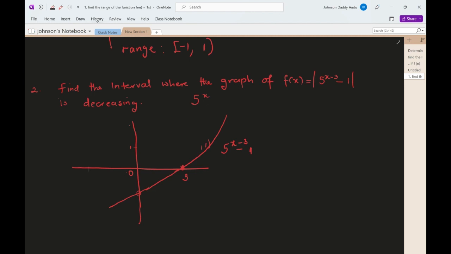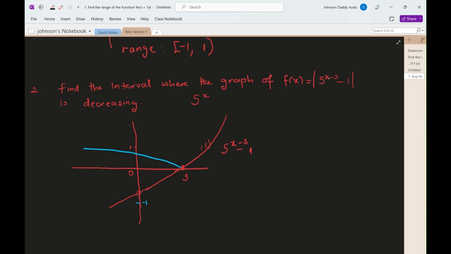So this is now, let me use another pen here. So this is just going to be something like this, which is the reflection of this part. So we will not have this part. Remember, we said this part will cut somewhere less than minus 1.